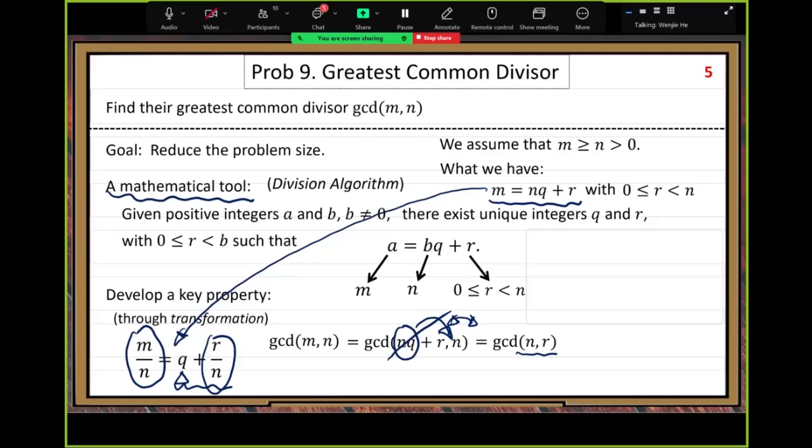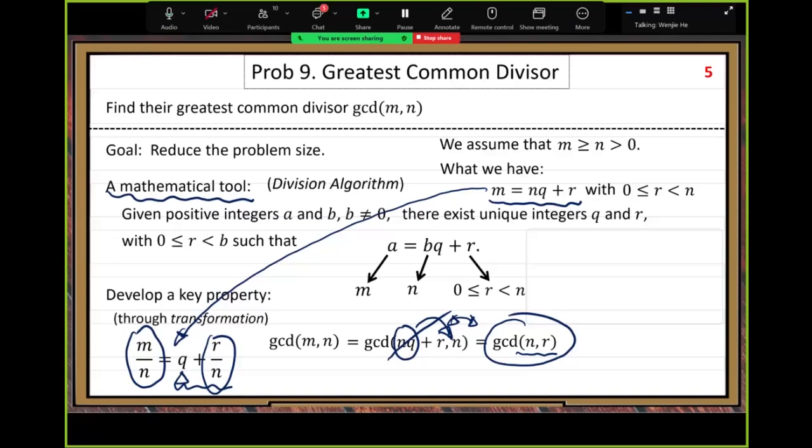But this is just a one-step reduction. Can we do further reductions? Yeah. So we can apply another round of problem size reduction on n and r by taking another integer division algorithm representation.